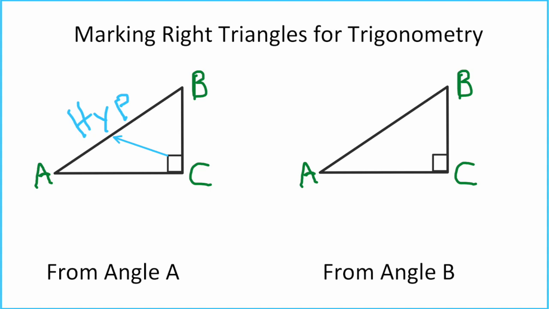Next up, we need to find our opposite leg. So go ahead and draw an arrow from angle A over to that opposite leg and label it. I'm just going to abbreviate at this point. This means that our third side is our adjacent leg. So abbreviate that, and now we have fully marked our right triangle on the left side.